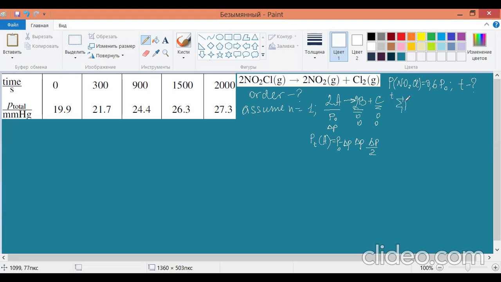The total pressure of the mixture, according to Dalton's law, is the sum of the partial pressures of all the participants of the reaction.